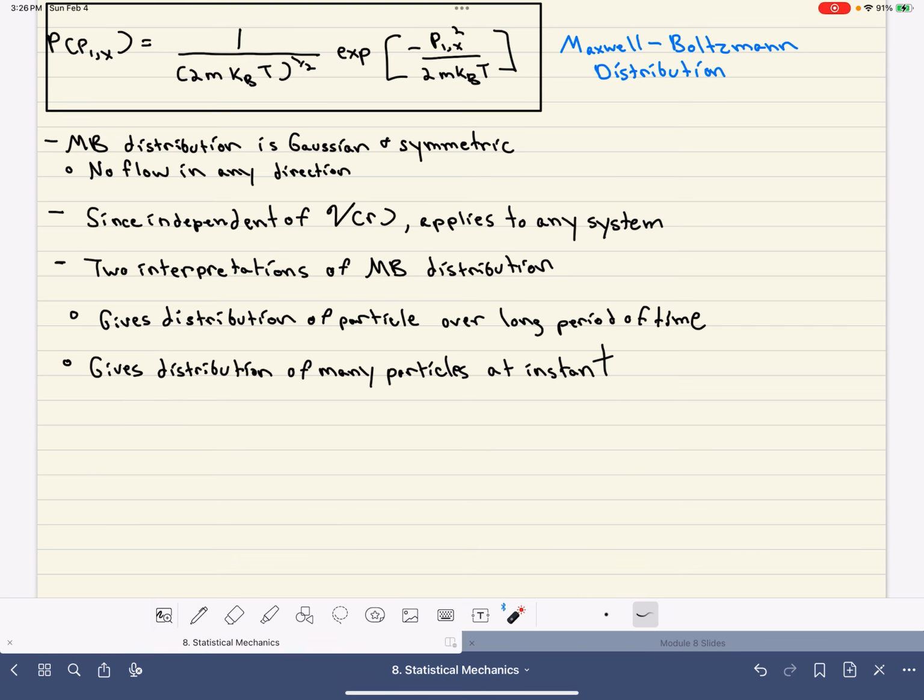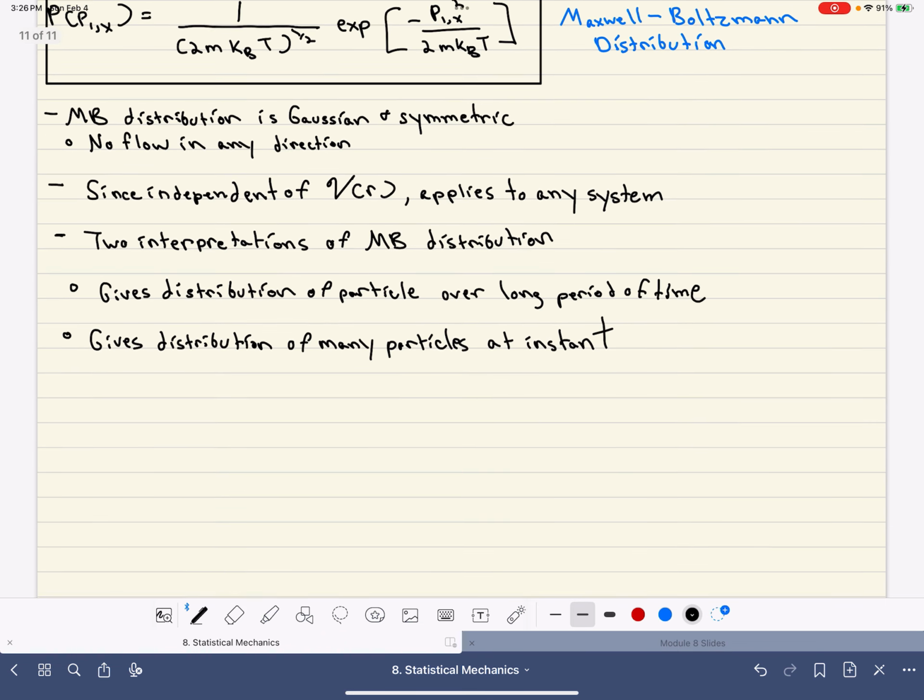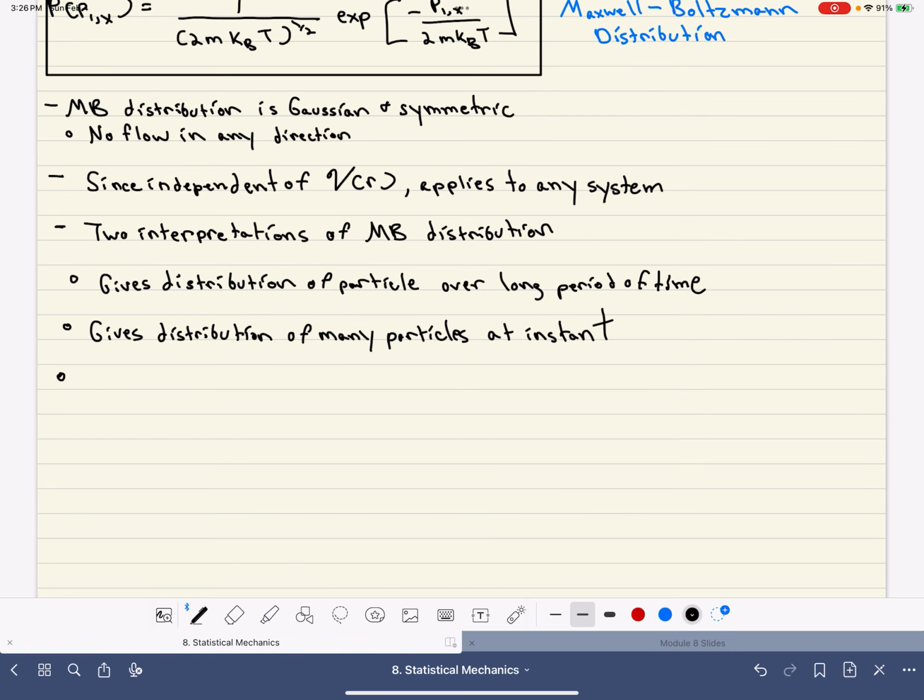Of course, as we remember from before, if we're dealing with an ergodic system, then both interpretations are valid. They'd be equal to one another, and that would indicate that the system is at equilibrium.